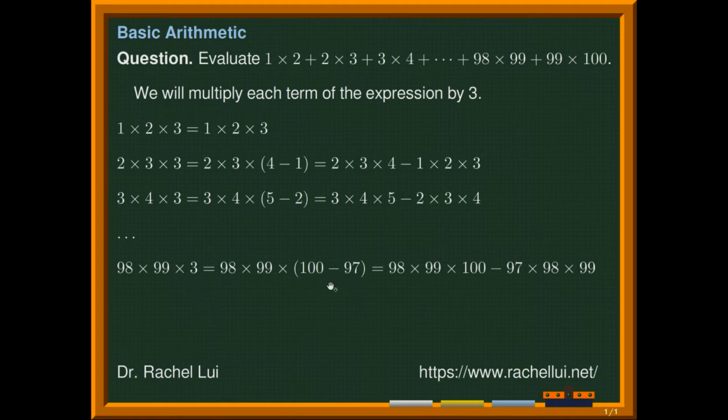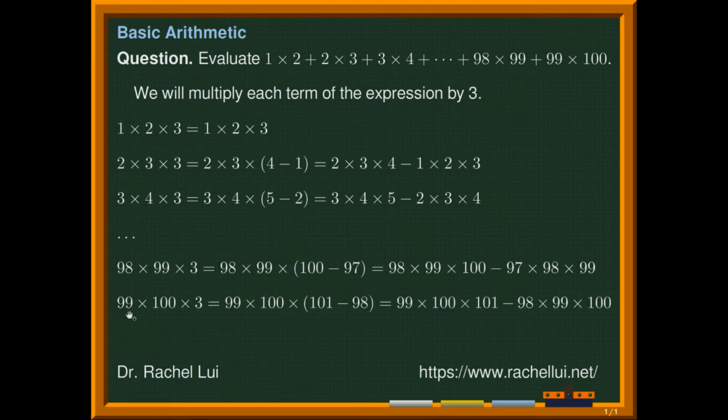By the distributive law, I have 98 times 99 times 100 minus 97 times 98 times 99. For the last term, 99 times 100, I will also multiply it by a 3. Then I will have 99 times 100 times 101 minus 98 times 99 times 100.